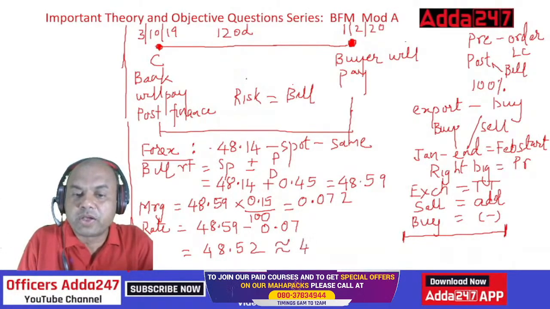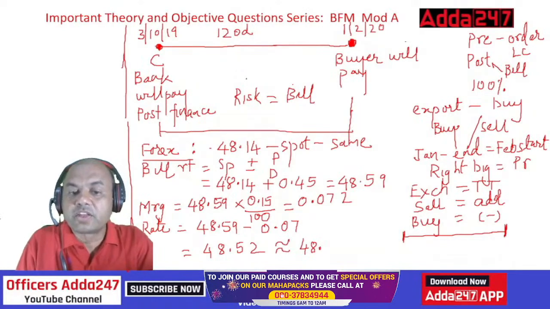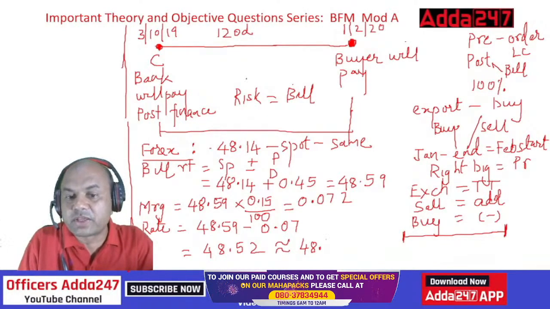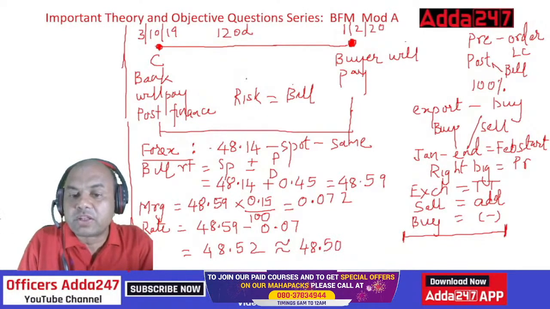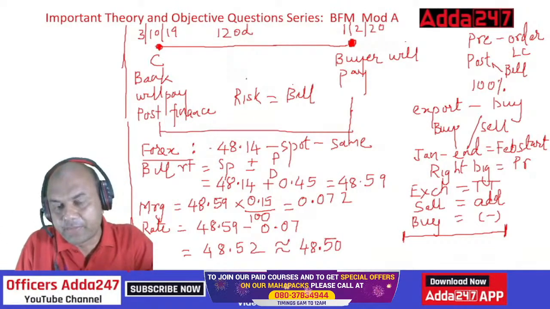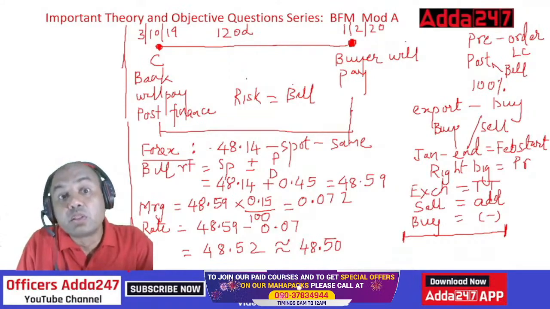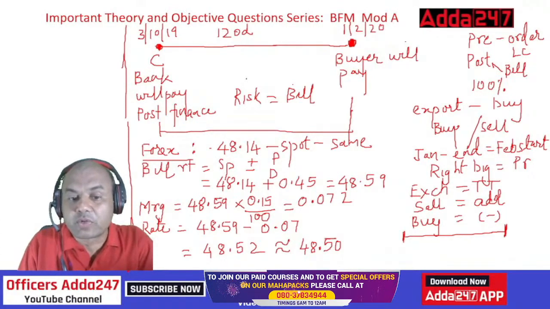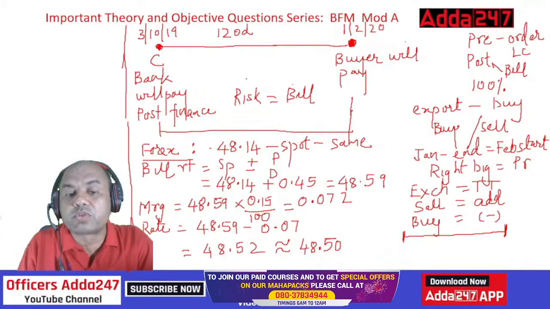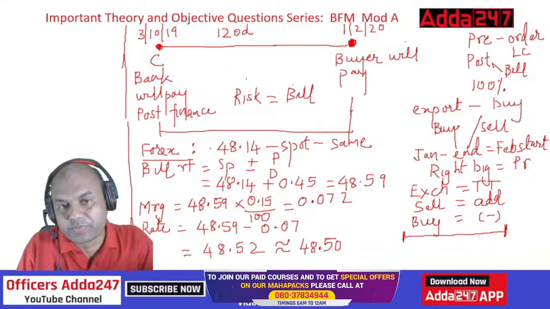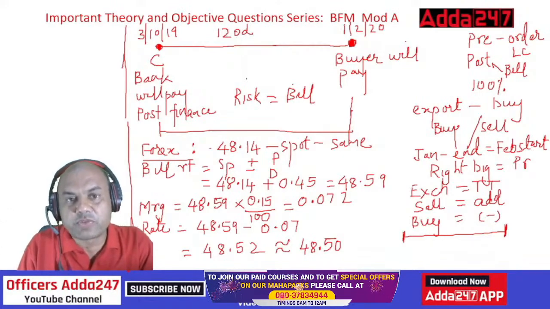It is 50, right? So I'll be using 50. And always remember, whenever you are using the buy rate, always round it off to the lowest nearer. Somebody can round this off to 48.75 also, because 75 is also near.